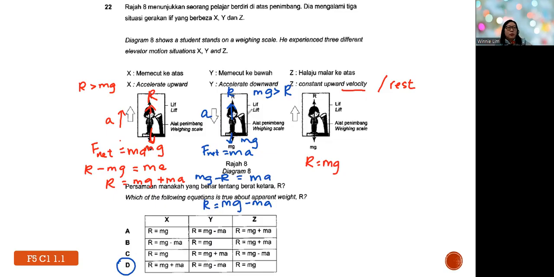You can imagine this like being on a roller coaster. When you suddenly move down, wow, you really feel weightless. So the apparent weight becomes less. Then you will know either plus ma or minus ma. This is another way for you to remember the equations.